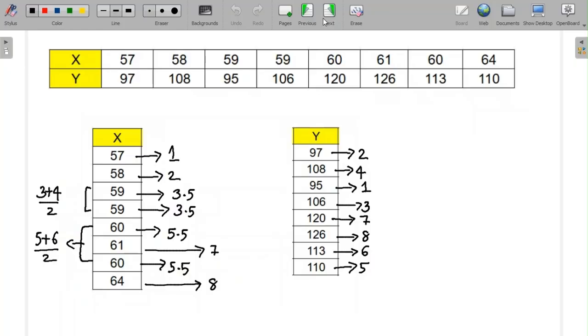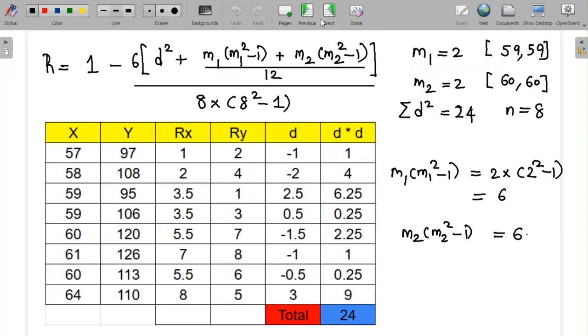Having calculated the ranks, we proceed further and calculate the differences. The differences are calculated as D, and we also find the D square values. D square values are added to give us 24. However, since there are observations which are repeated, which led us to averaging the ranks, we use the second formula.